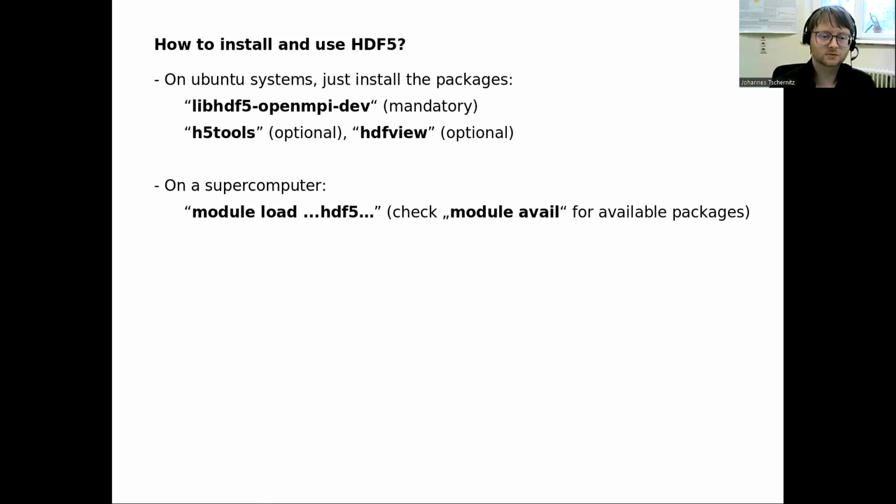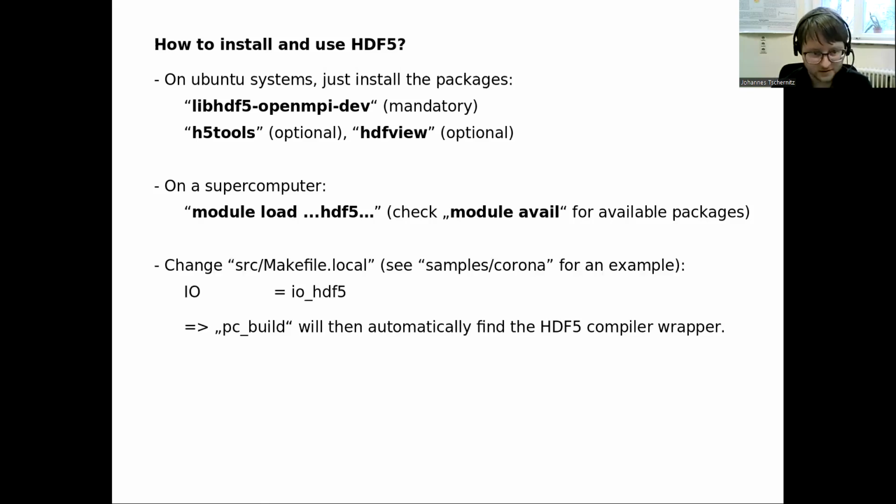The one disadvantage of HDF5 is that you need some program to view the data. There is HDFView, which is a graphical tool, or the h5 tools, which is a command line based interface. Of course, you have to load the HDF5 module on a supercomputer, but this is generally installed by the operators of the supercomputer.